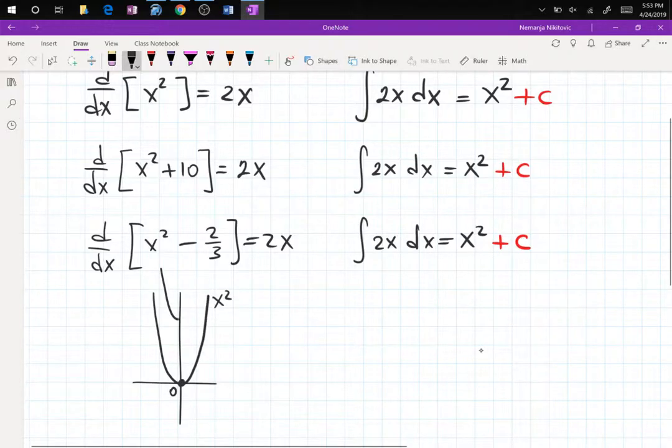But then you have another parabola that's going to go through 10, and that's your x squared plus 10. And then you have a parabola here that is going to go through negative 2/3, right? So all that this constant number did is shift this function up or down.